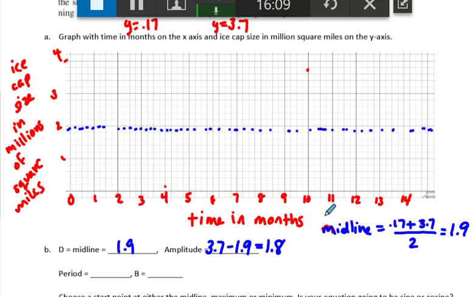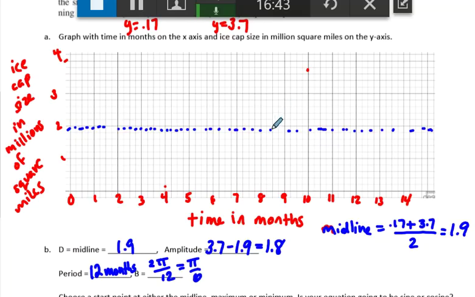Every 12 months, the ice cap is going to get all the way larger, then all the way smaller to its smallest again. So every 12 months this repeats. So the period is 12 months. And then to find the b value, we divide 2 pi by what? 12, right. So 2 pi over 12, which is pi over 6. Good.